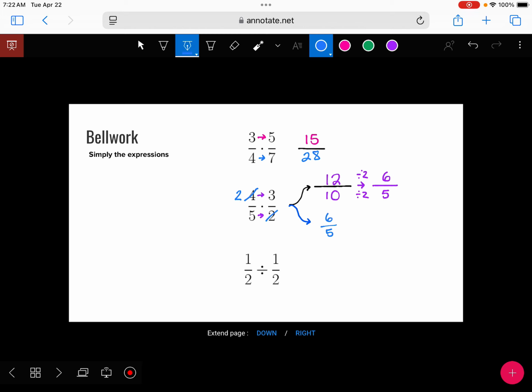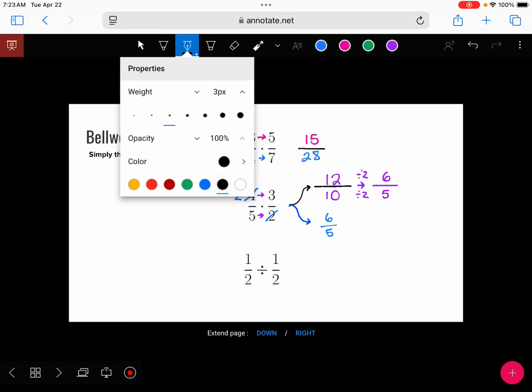So, last one on this bell work. What happens when we try and divide a fraction? Ew. Back in the day, we had a little phrase that helps us remember what to do with fractions and division.